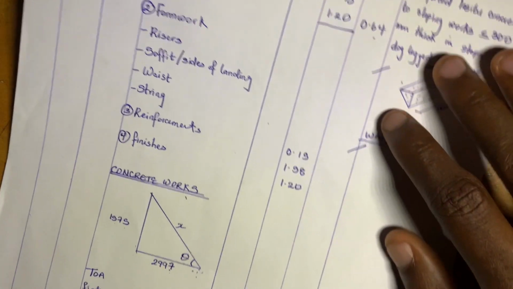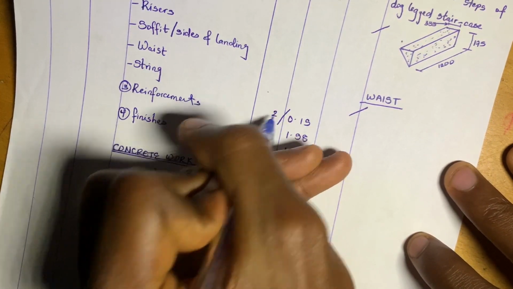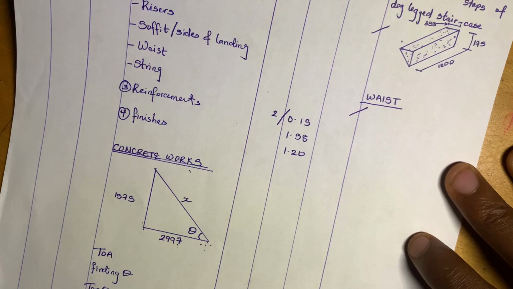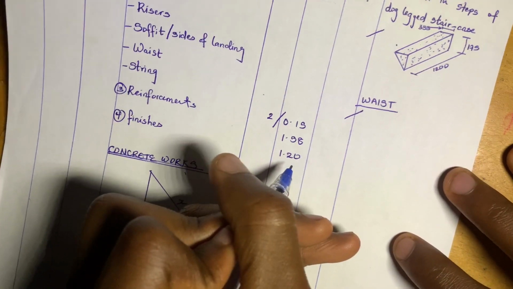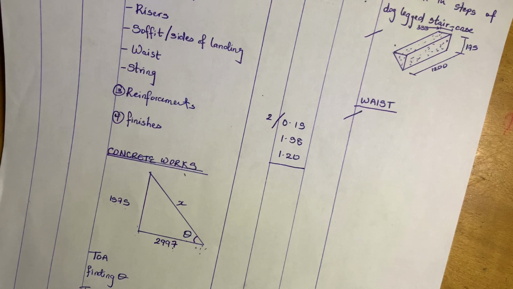So what I'm going to be doing now is I'm going to be multiplying this by 2. So when we multiply that by 2, we will now find the value. So 0.15 times 1.58 times 1.20 will give me 0.284.